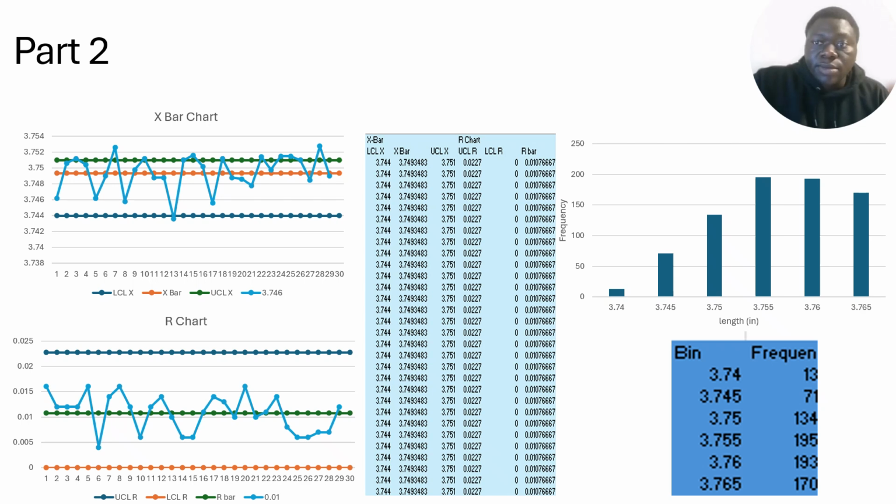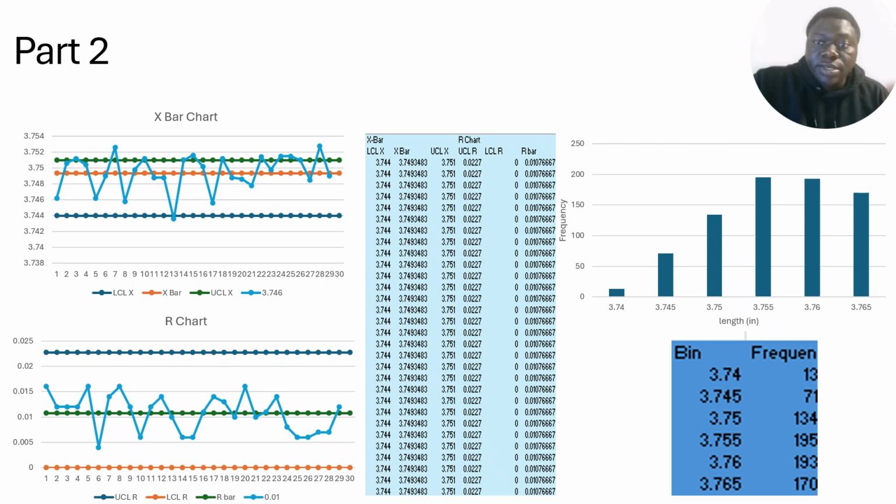And you can see the mean shifting around. This shows the process isn't stable, so you really shouldn't try to do capability calculations yet for the X bar chart. The histogram for both days together looks kind of normal, but a lot of the measurements still fall outside the spec limits.